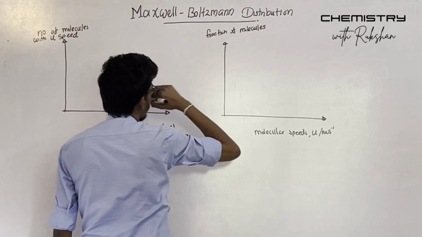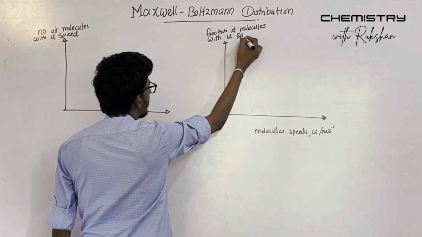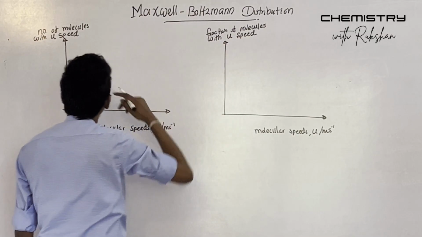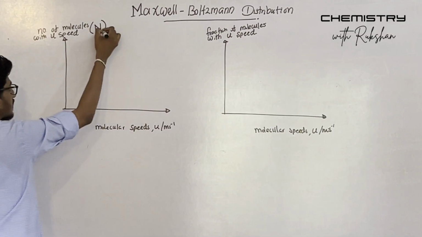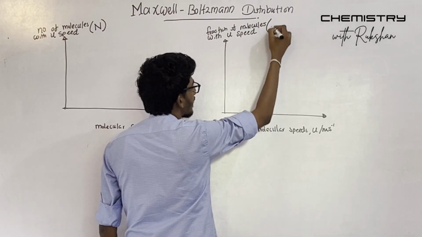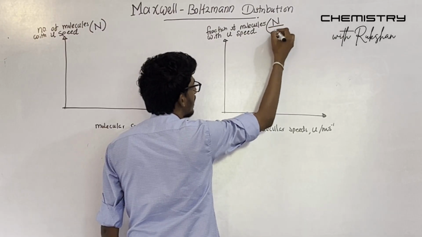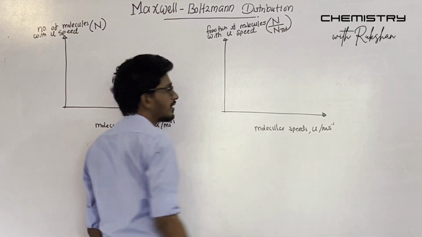Fraction of molecules with u speed. Number of molecules means n number of molecules. Fraction means the number of molecules divided by the total number. That is what we mean by the fraction.